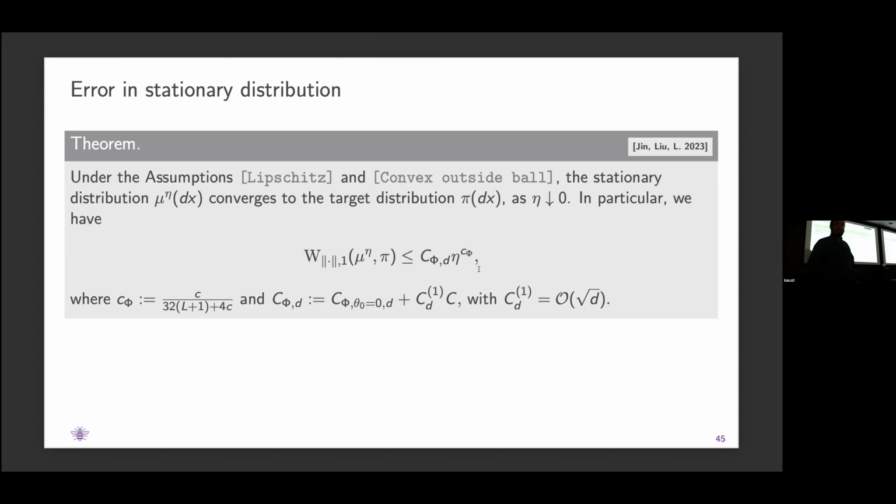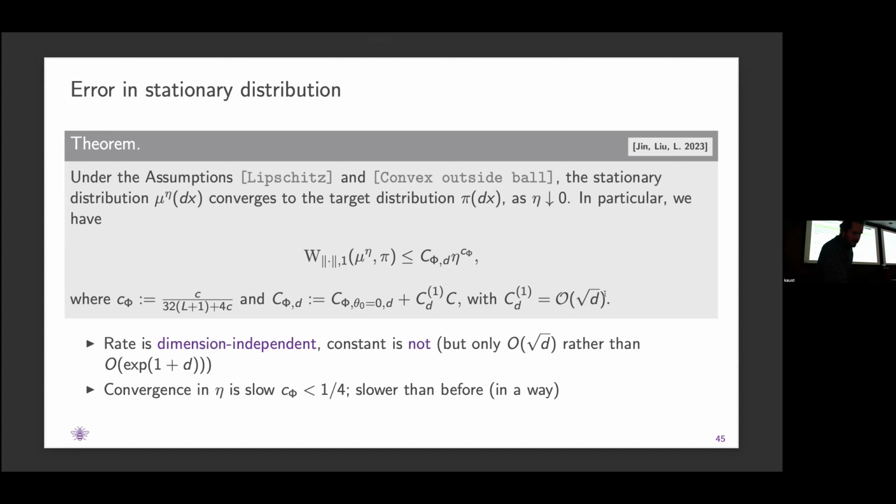But at least it's positive. So this converges very slowly as eta goes to 0, or as the rate goes to infinity. The prefactor depends on the square root of the exponent. The exponent does not. But at least it's not exponential in dimension.